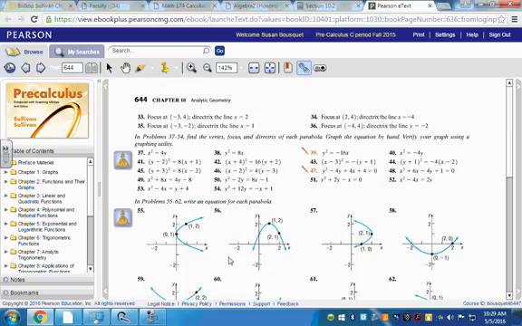Okay, so here's a bunch of problems which are useful. In your textbook, 37 through 54, it says find the vertex, focus, and directrix, graph the equation by hand, and then verify it using a calculator.